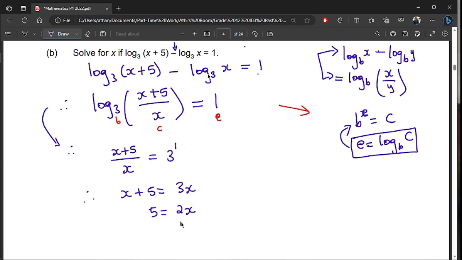Then when you divide by 2, you get the value of x as 5 over 2. But remember guys, we must leave our answers rounded off to 1 decimal place. So the value of x is 2,5.